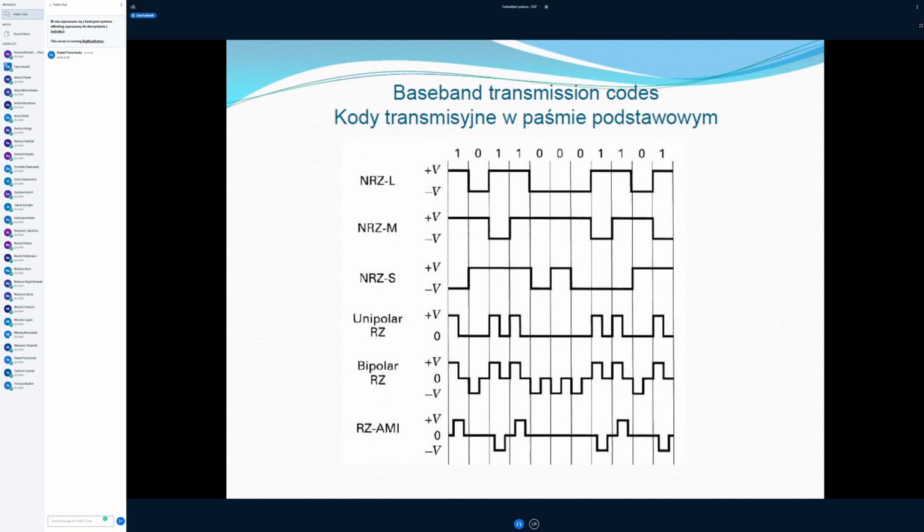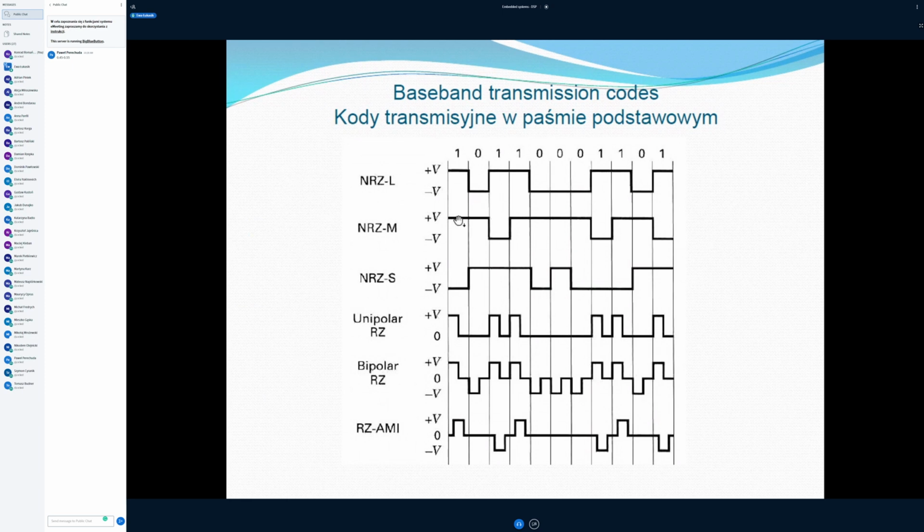But I should have mentioned the Manchester code, because it is one of the most used. If you have imagination, you may imagine that it was coded like that: one value was like a clock, and the other value was like here. Maybe here I should show that here we have a clock, and in the moment when you have a change from 0 to 1, the clock changes its phase.